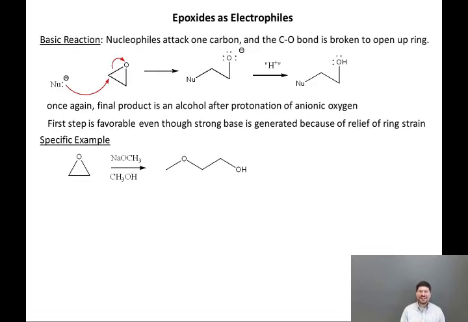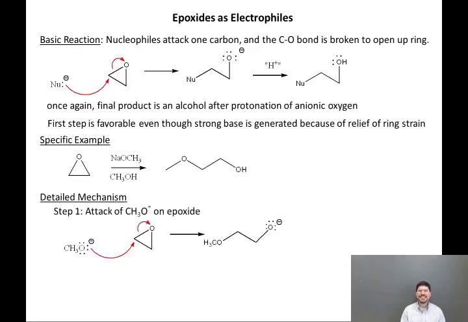So if we take ethylene oxide and treat it with sodium methoxide, a good nucleophile, in the presence of methanol as the solvent, so frequently you will use as a solvent the conjugate acid of a basic nucleophile, the final product is this hydroxy ether here that has 3 carbons.